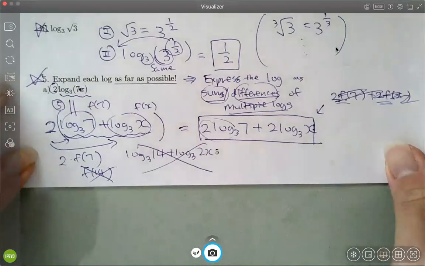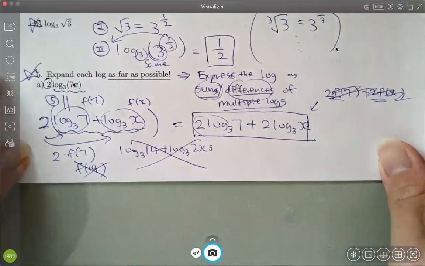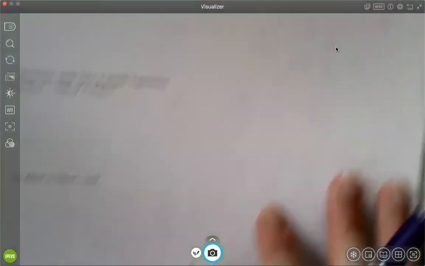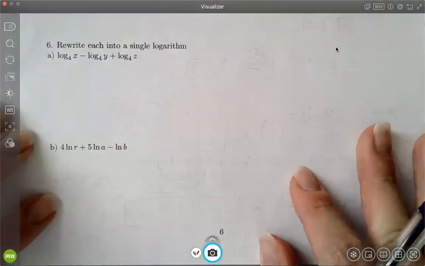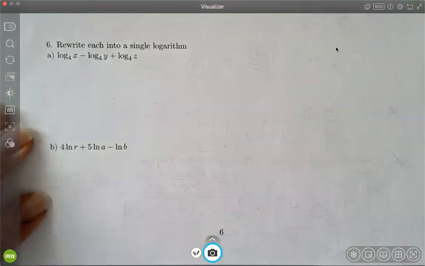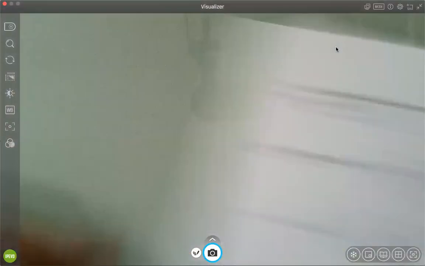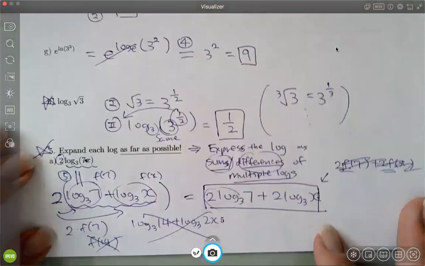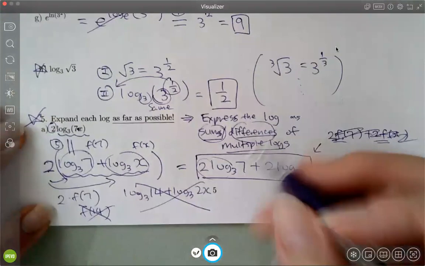Yeah. So in the problems before, when we move the exponent to the front, does that not mean that 2 becomes an exponent of log 37 and log 3x? That will come in on this problem. Yeah, but here, when you try to expand it as much as possible, the coefficient must stay as it is.